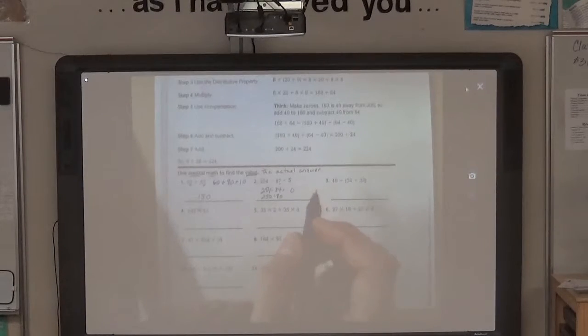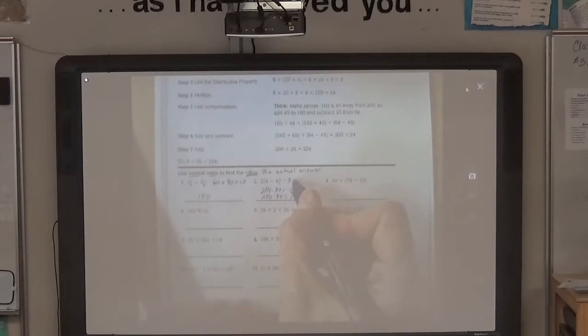It's like 25 minus 8. 25 tens minus 8 tens. What's 25 minus 8? That's 17. So 25 tens minus 8 tens is 17 tens.